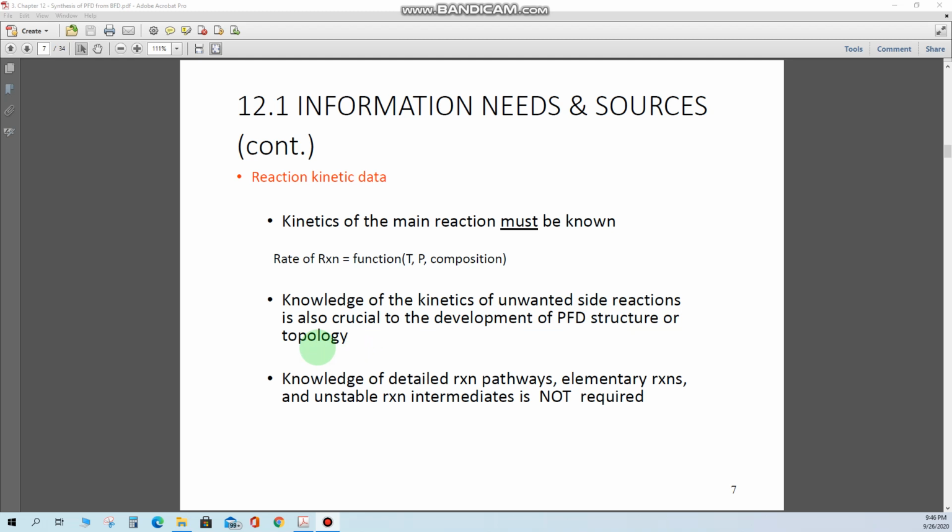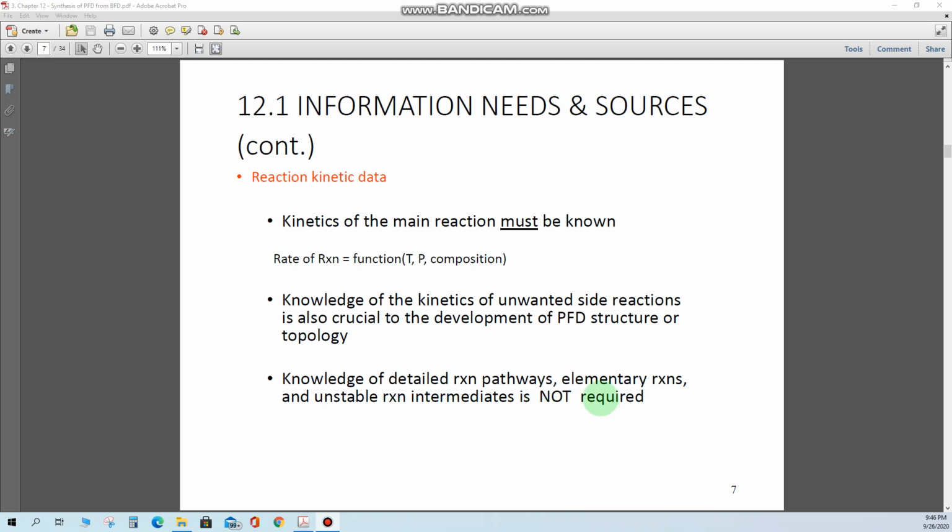So we should also be aware of those unwanted side reaction kinetics, so we can try to minimize the formation of byproducts. Knowledge of detailed reaction pathways, elementary reactions, and unstable reaction intermediates is not required.